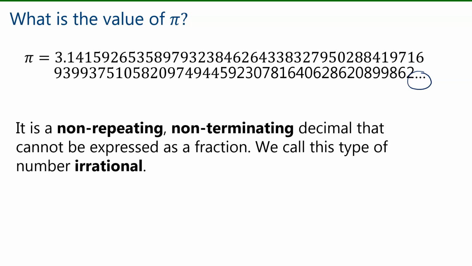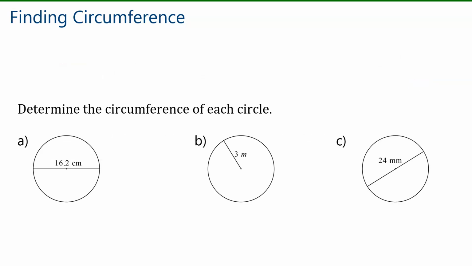So how do we use that when we're doing calculations? Well, we're going to use the first few digits, 3.14, or you can use a pi button on your calculator. Let's have a look. Say I want to find the circumference of each of these circles.